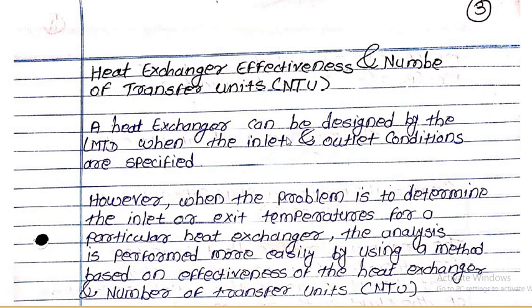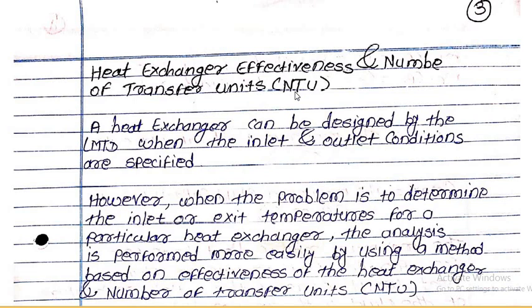Next we are going to understand the heat exchanger effectiveness and number of transfer units method, that is nothing but the effectiveness-NTU method, to design the heat exchanger or to calculate the parameters related to the heat exchanger. Up till now we understood the logarithmic mean temperature difference method for calculations related to the heat exchanger, but one point is very important in the LMTD method.